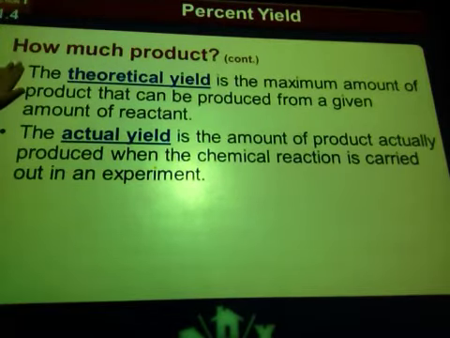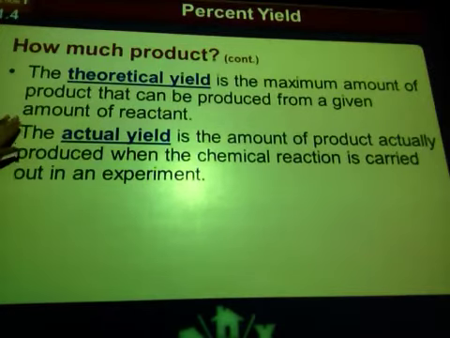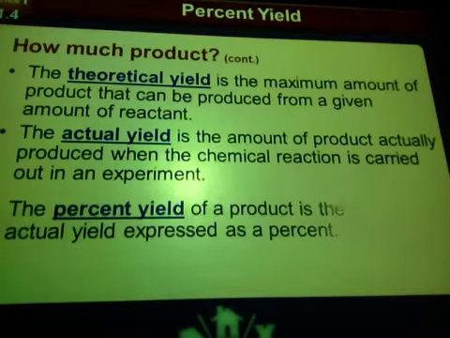That's my theoretical yield. But we're human and there's always error in a lab. We can't do something with 100% efficiency in the lab. So I will always end up getting something called an actual yield. And that's just what I'm actually getting after this chemical reaction has gone through.